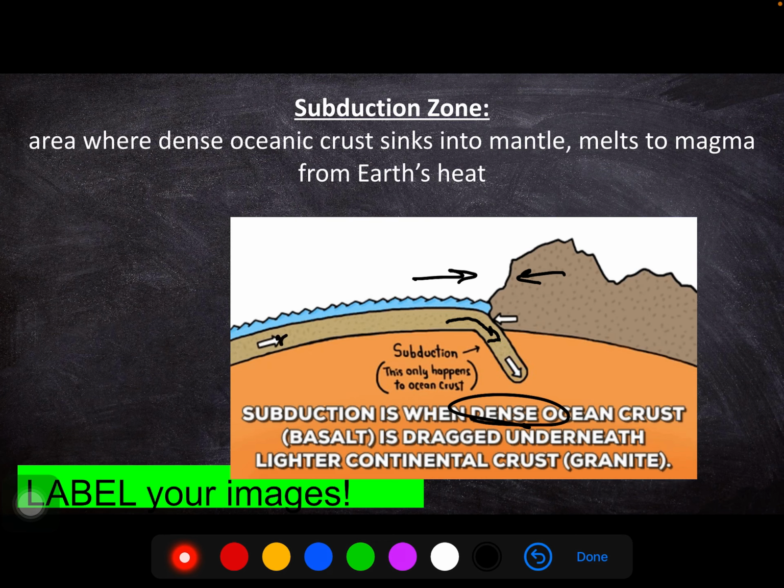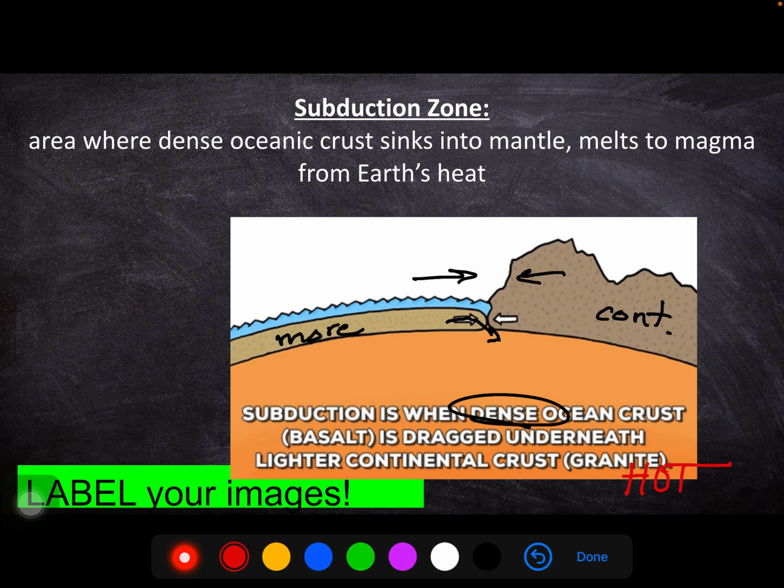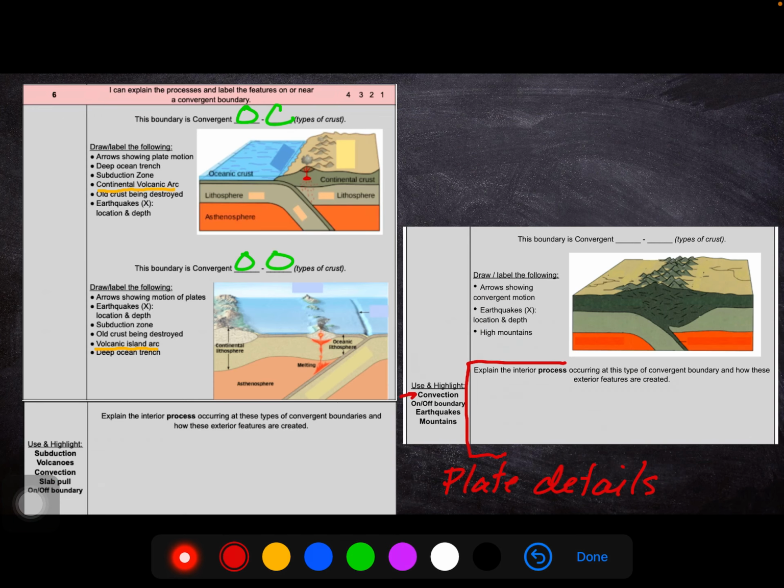Because the oceanic crust is more dense, it's essentially heavier than the continental crust. And so when they collide, it has over time become wedged underneath and subducts, or gets pulled down into this hot mantle material. This is our subduction zone. So you should be able to see it on your picture here and get it labeled for both locations.